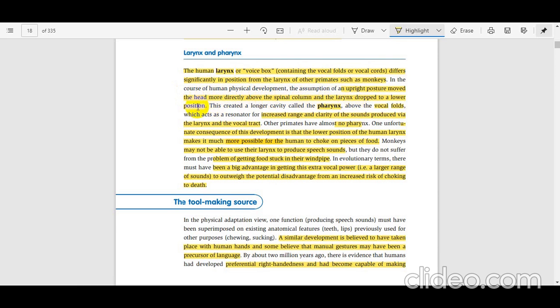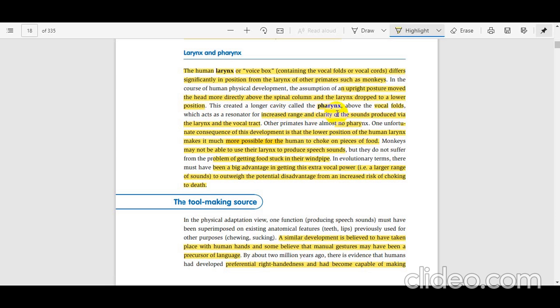Now, the book is here describing some of the features of the human larynx. This created what? A longer cavity called the pharynx, above the vocal cords, which acts as a resonator for increased range. Now, these features of the larynx and pharynx in terms of position help humans produce increased range and clarity of sounds.